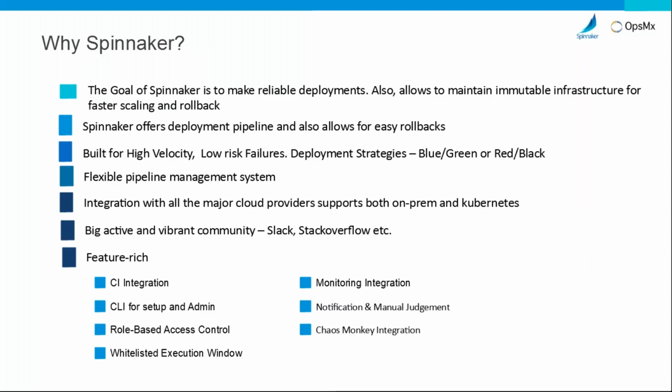Spinnaker also has inbuilt strategies, like most of you might already be aware. It has inbuilt deployment strategies, which makes it unique. Some of the deployment strategies are blue-green or red-black deployment, which allows a user to deploy any new version of a product.